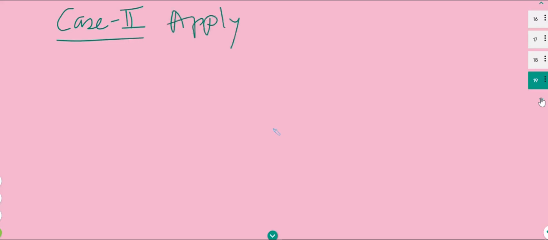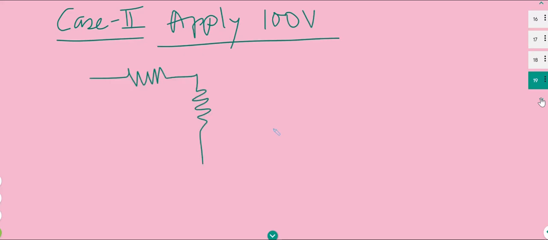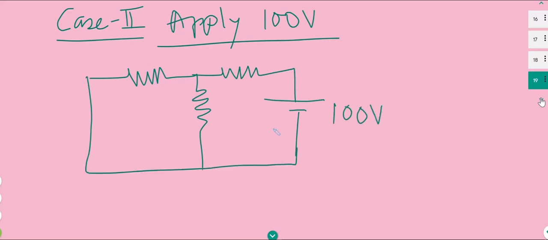Now case 2, when the second energy source is applied, here apply 100 volt, and replace all other energy sources with their internal resistance. So here 100 volt is applied and the first energy source we have short circuited.